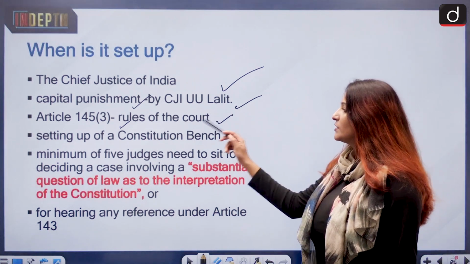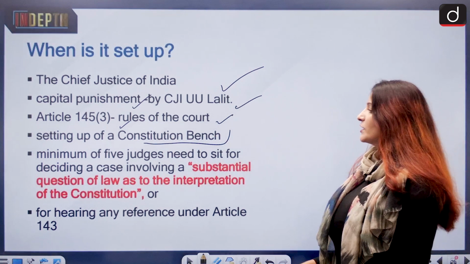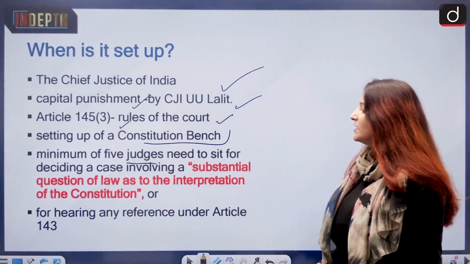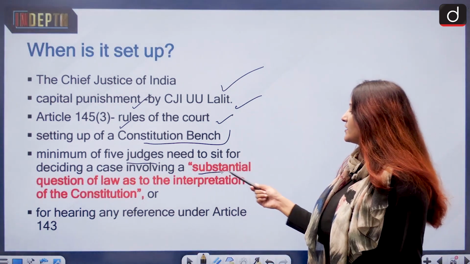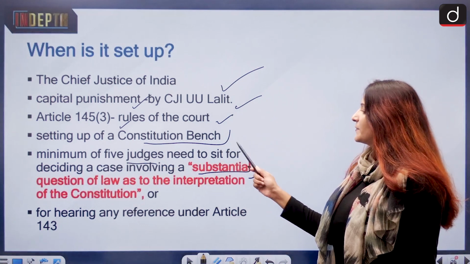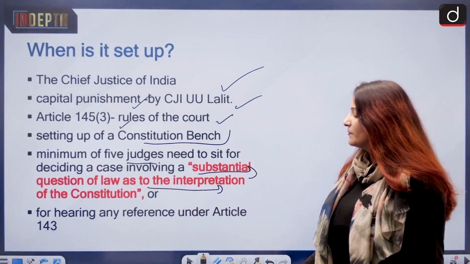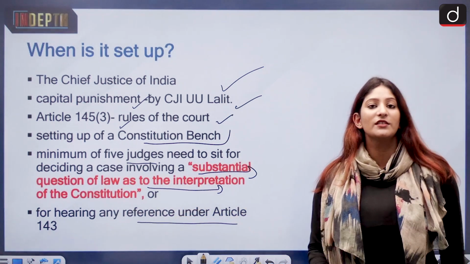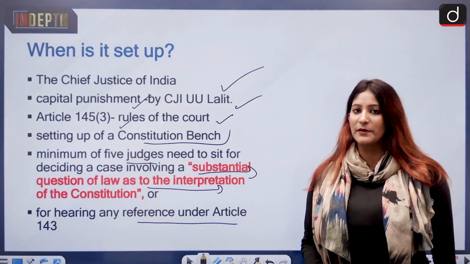According to the rules of the court, the setting of the constitution bench is a definite matter under this article, and it ensures that a minimum of 5 judges sit to decide a case involving a substantial question of law as to the interpretation of the Constitution, or for hearing any reference under Article 143, which is the necessity to get advice from the Supreme Court.